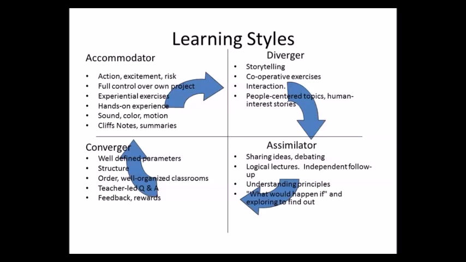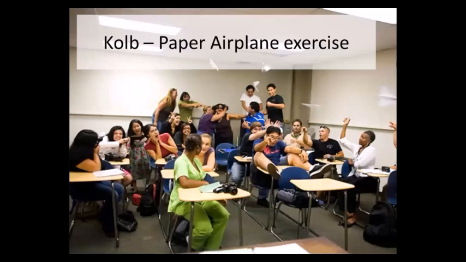for example, if you're a diverger type of learner, you like cooperative, interactive exercises. We can have people do things, and I'm going to show you some examples in just a minute, that would work for any one of these. This is one activity we do that gets people doing some embodied learning. When we're in a face-to-face class, we break the groups up based on learning preference.